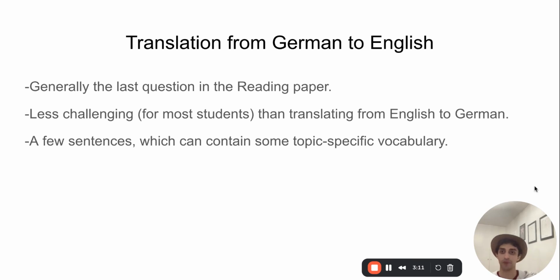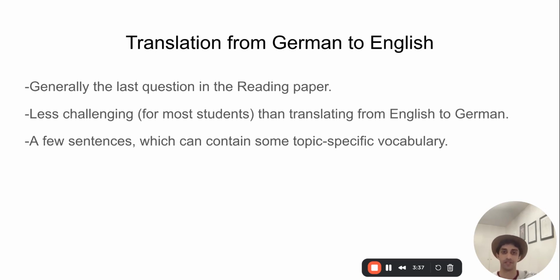Okay, we're going to kick off by looking at translation from German to English, and then take a look at English to German. So out of the two, of course, translating from German to English is generally thought of as easier by the vast majority of students compared to translating from English to German. I did an MA in translation and interpreting as well.